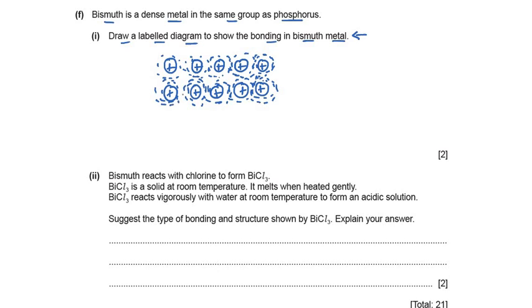According to the question, it says draw a labeled diagram. So I'm labeling these as positive ions, and then I should label the dots as delocalized electrons. You can name them electrons also, but I'm specifying delocalized electrons.